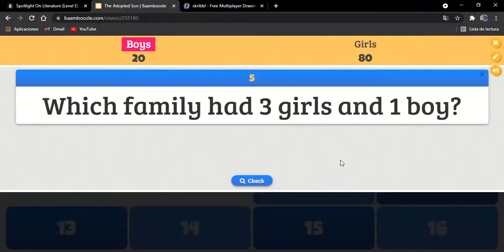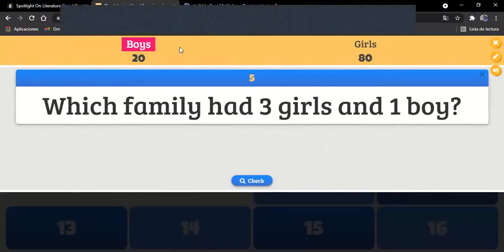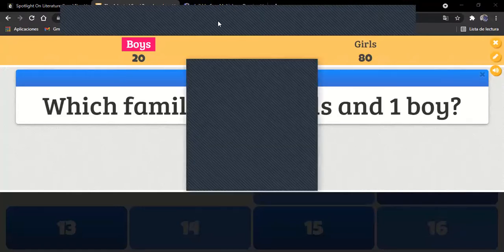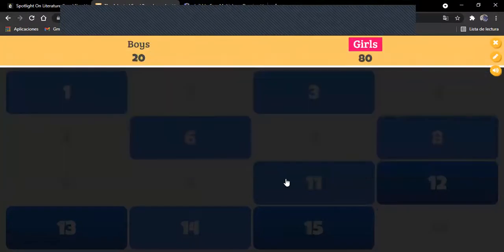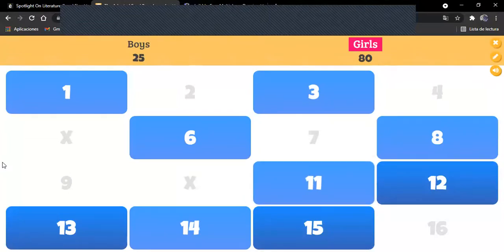It's a 50-50 question. Is it either the Balangs or the Tuvach? Okay, we'll see the answer. Ah, wait, there's something. The Tuvach, says Angel. Let me see. The Tuvach, yes. Congratulations, you have 5 more points.